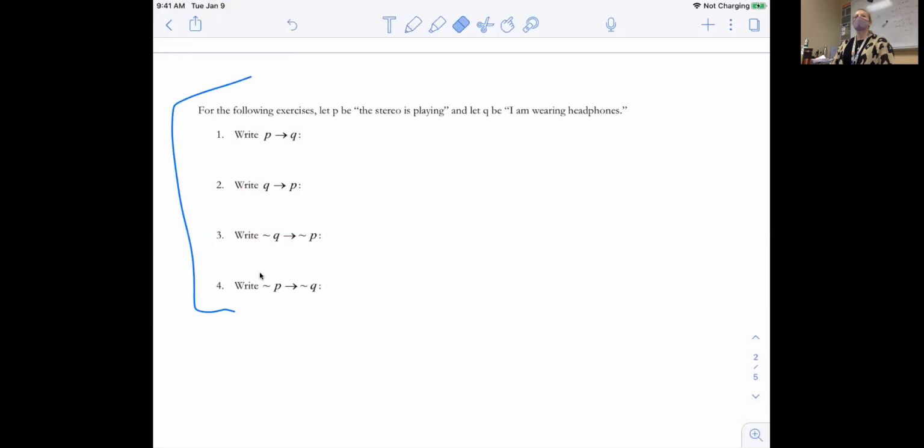I'll take another minute, finish these 4 statements. How long has it been loading?